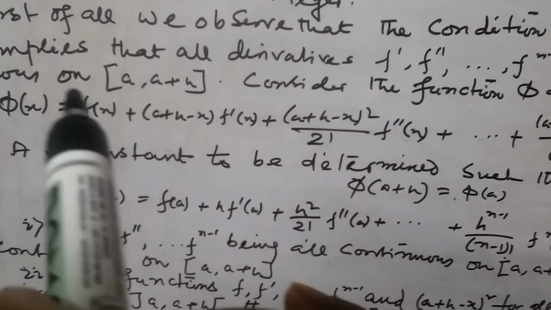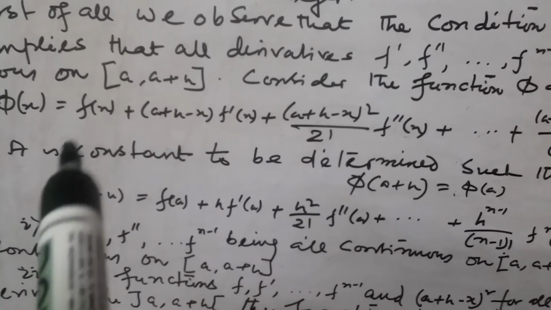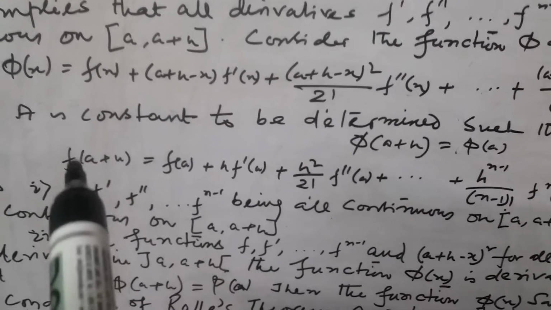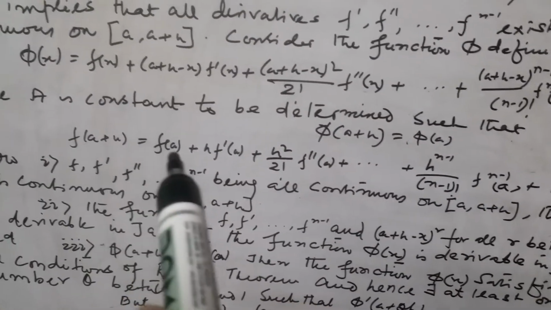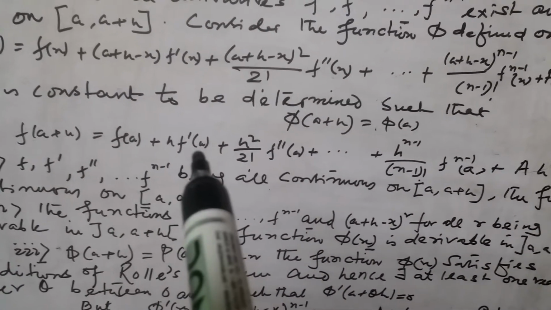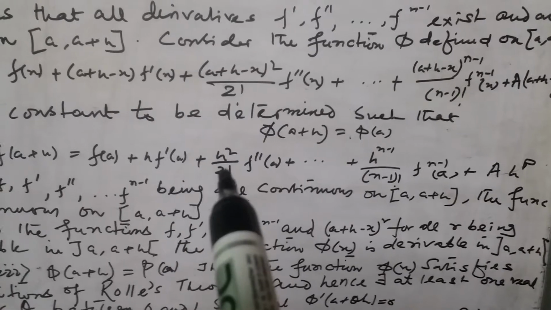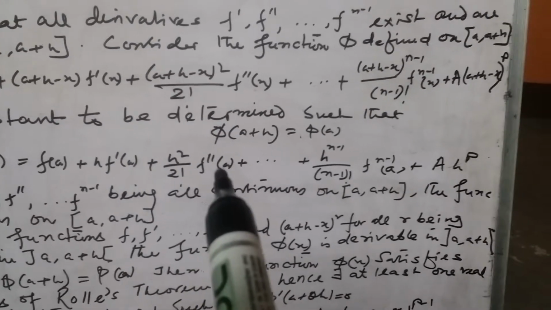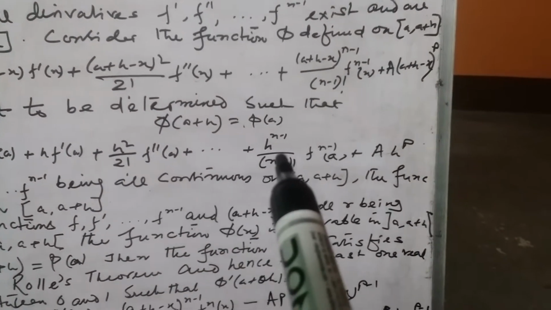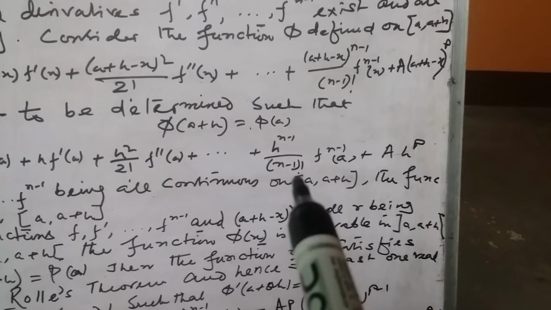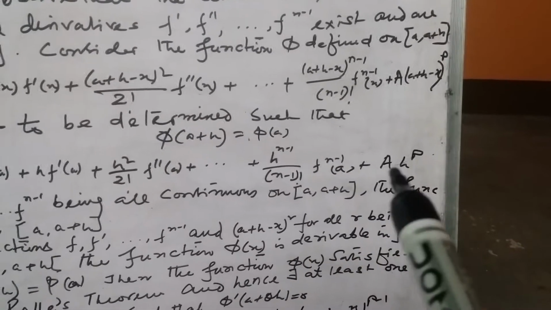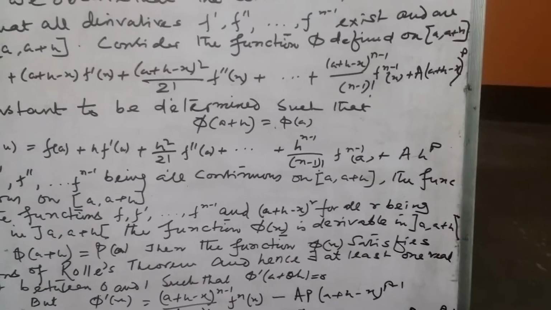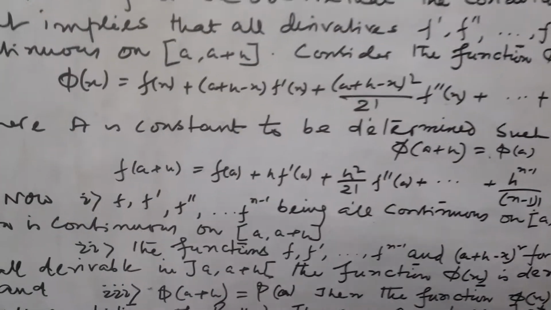Then putting phi(a+h) equal to phi(a), you get this result: f(a+h) is equal to f(a) plus h f'(a), plus h square by factorial 2 f''(a), and so on up to h to the power n minus 1 by n minus 1 factorial f^(n-1)(a), plus lambda h to the power p.